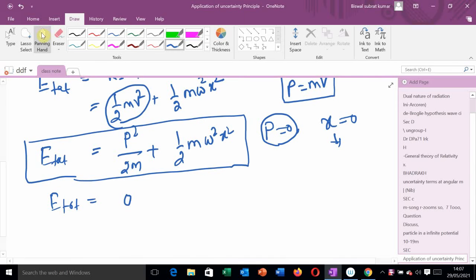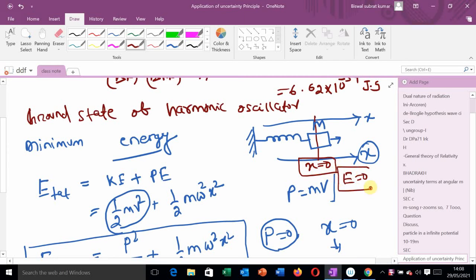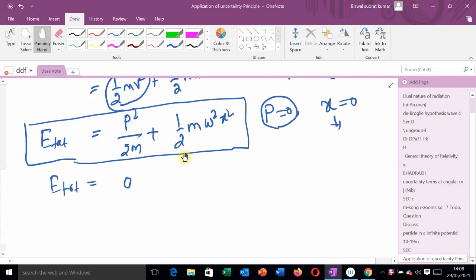Suppose this is the mean position, x equal to 0. If it is vibrating about this mean position, at the mean position it will have the least energy, that is E equal to 0. This is according to classical mechanics. That means the ground state energy of a classical harmonic oscillator is 0.